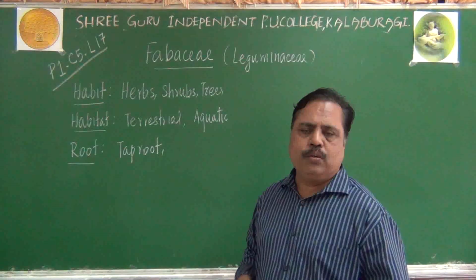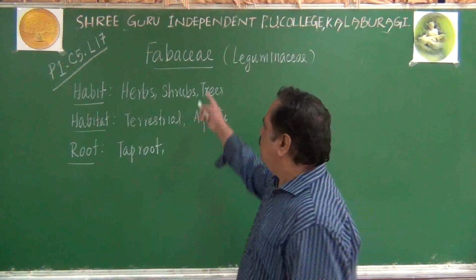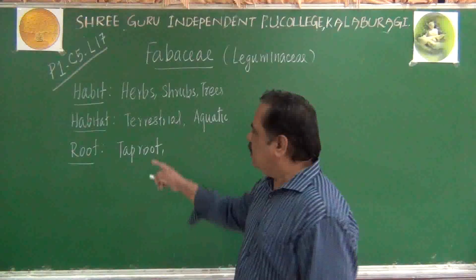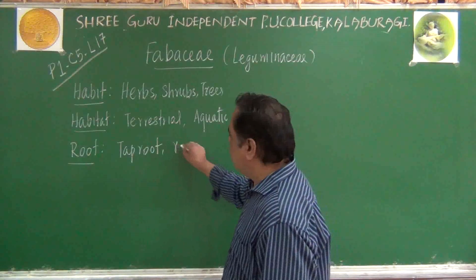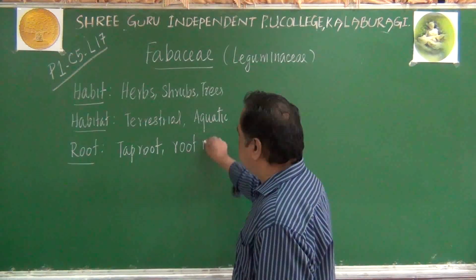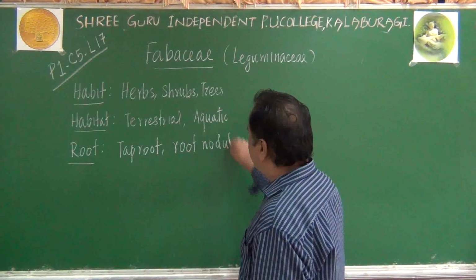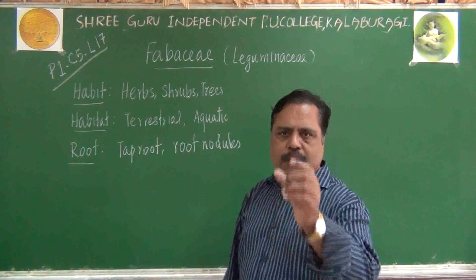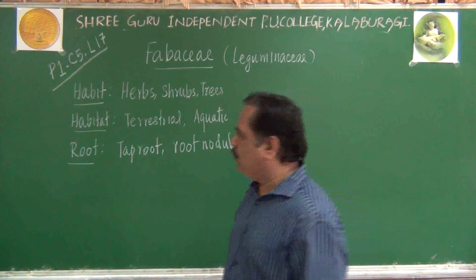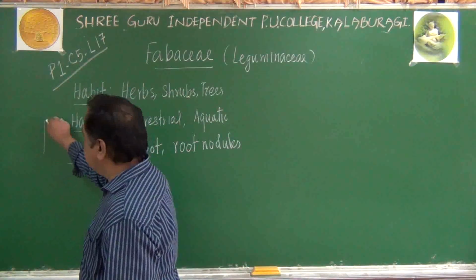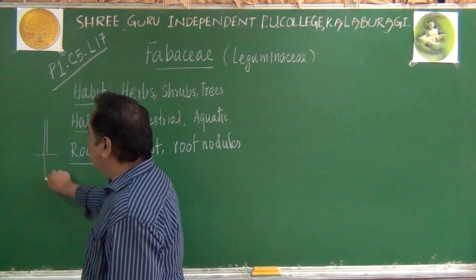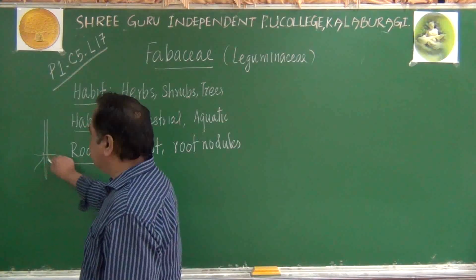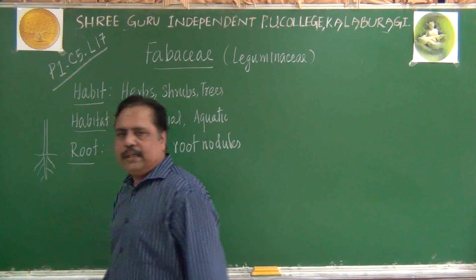Now we are coming to one important point. In the Fabaceae, these taproots will be having special structures called root nodules. Remember, this is the main stem and primary root, secondary root, tertiary root will be here.